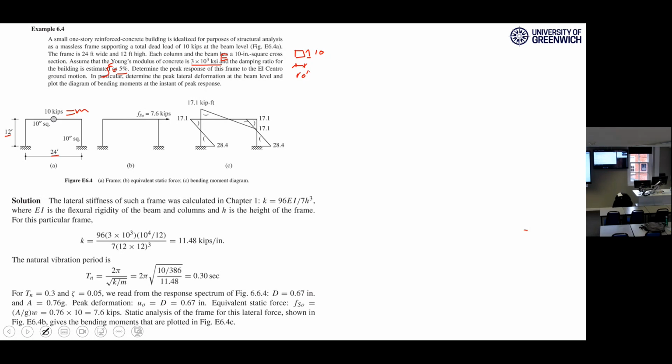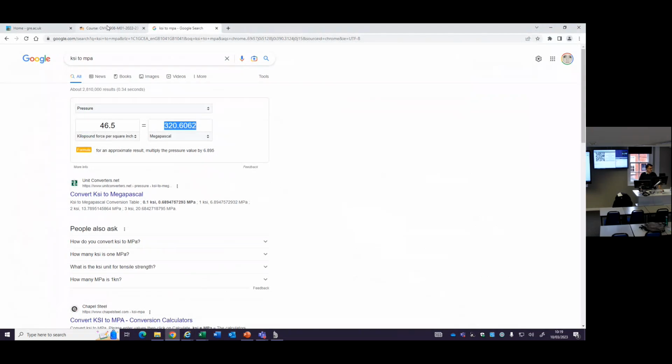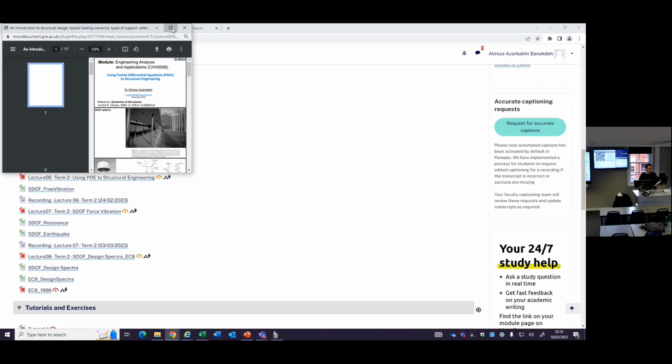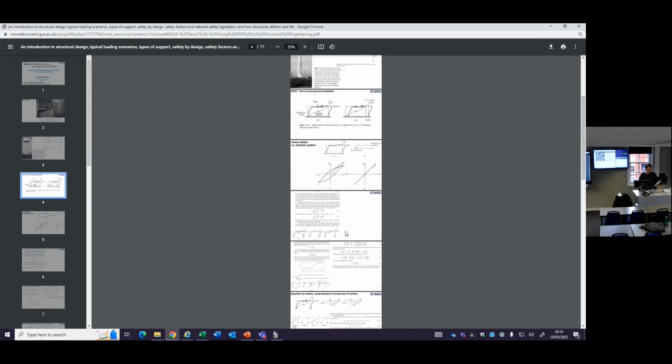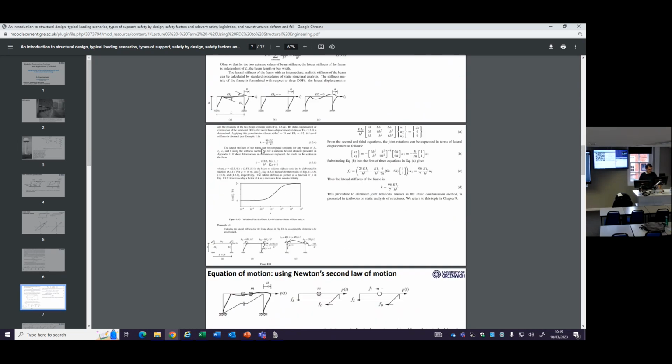What we can do is, here, because the beam is not rigid, we have used this formula that we had probably in the first lecture. Maybe I can quickly find it just to remind you what lecture it was. Matrix analysis. Probably this one.